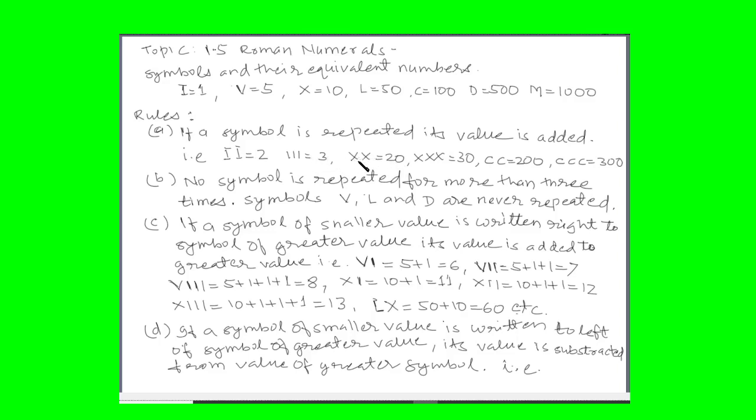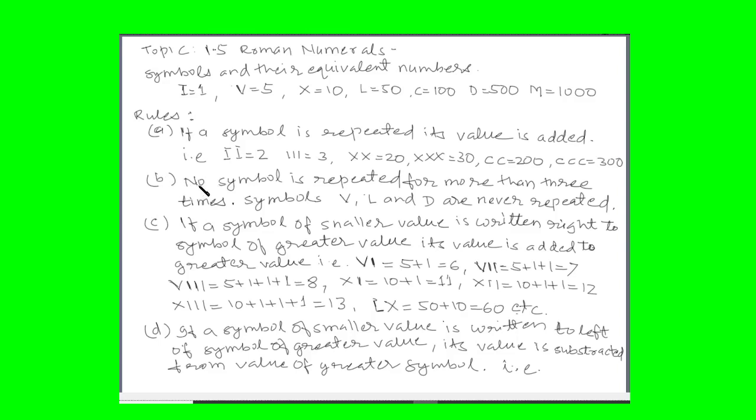X and X 2 times is equal to 20, 10 plus 10, 20. X 3 times equal to 10 plus 10 plus 10 equal to 30. C repeated 2 times is equal to 200, 100 plus 100. And C repeated 3 times equal to 300, which is 100 plus 100 plus 100 equal to 300.